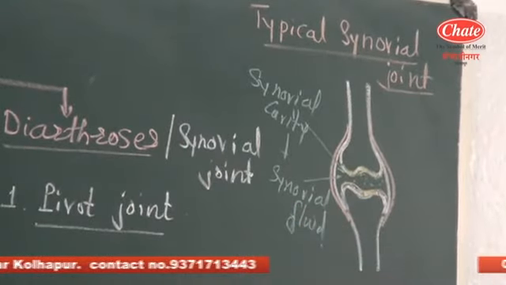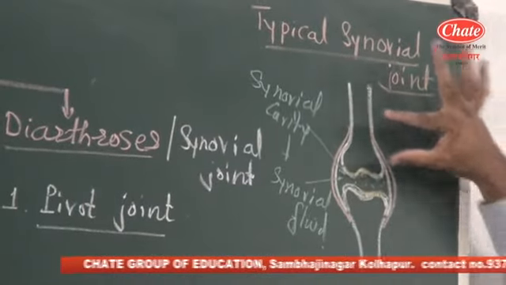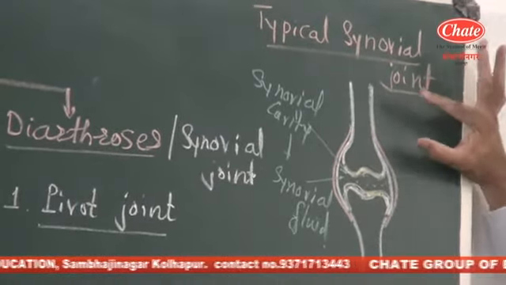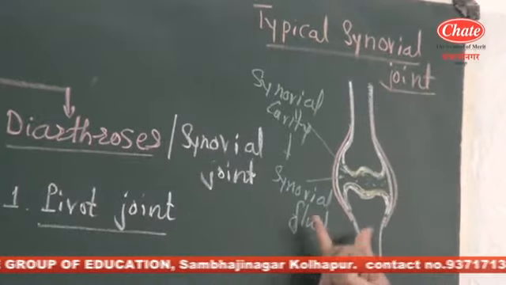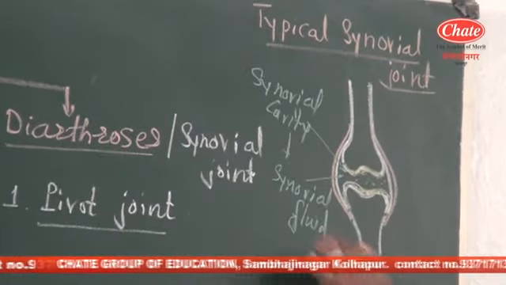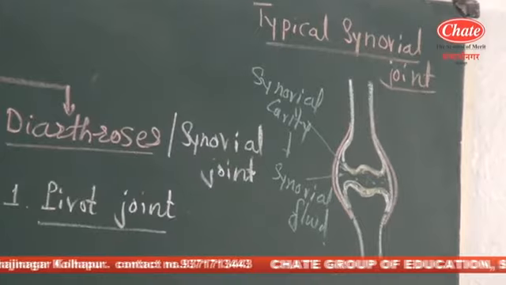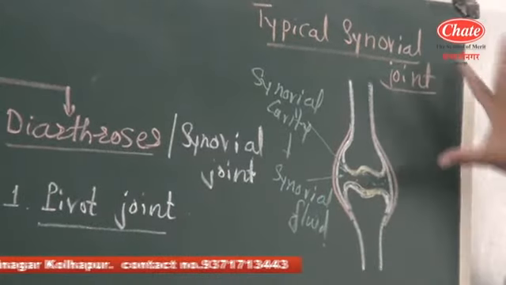So a synovial cavity is present in each joint, filled with synovial fluid, and it allows free movement. This synovial fluid is mucus secreting, alkaline in nature, and consists of components like proteins as well as hyaluronidase-like substances. So this is the typical structure.